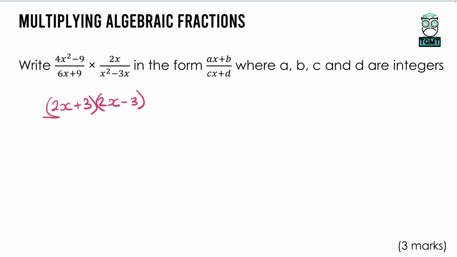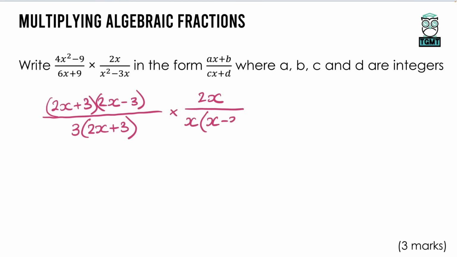But this is the kind of topic here where you need to just be able to recognise those difference of 2 squares. On the bottom, that divides by 3, so we could have 3 lots of, and we would have 2x plus 3 inside the bracket. We are timesing that by 2x on the top, and the denominator there, we can only take x out of the bracket, so x out of the bracket would leave us with x minus 3 inside the bracket.